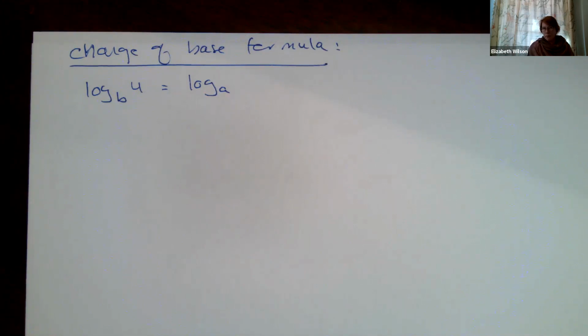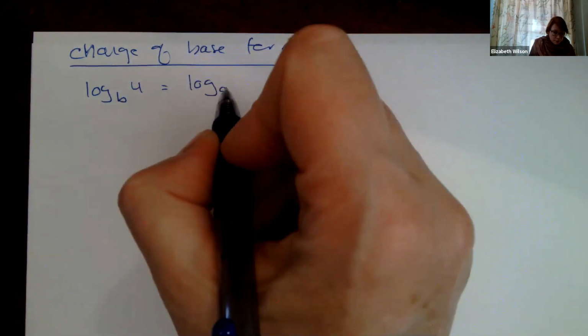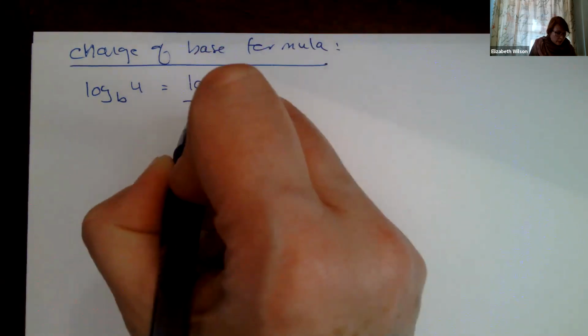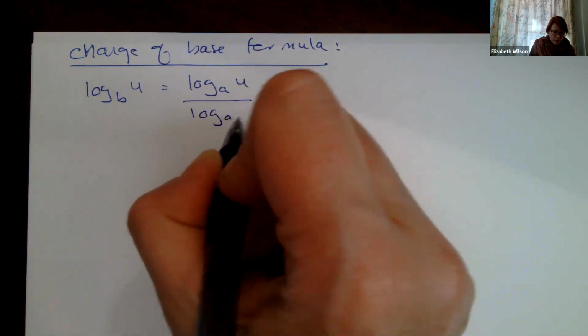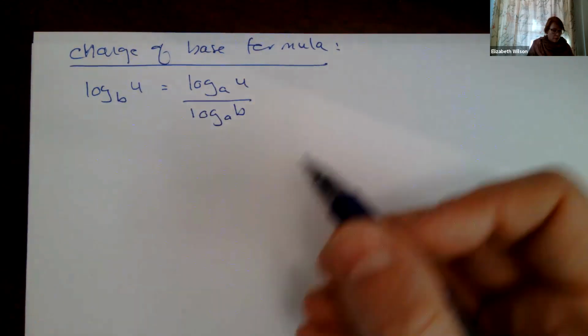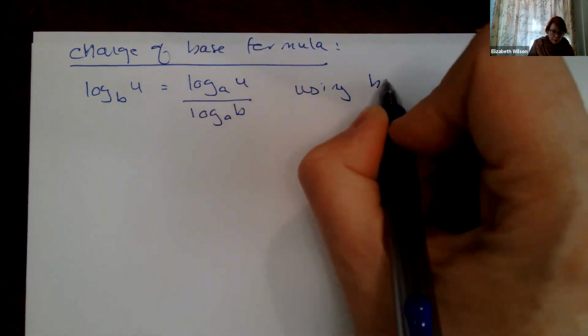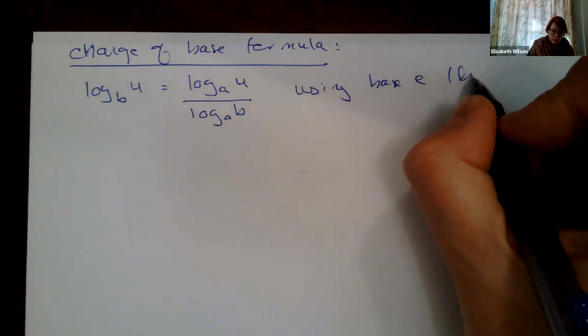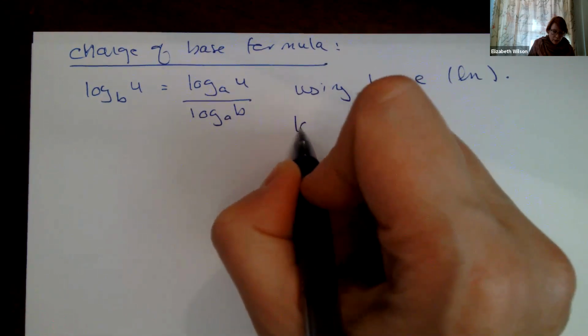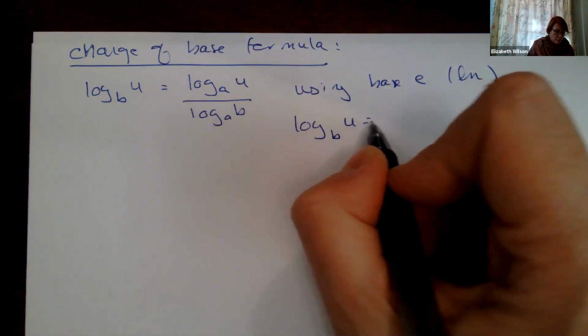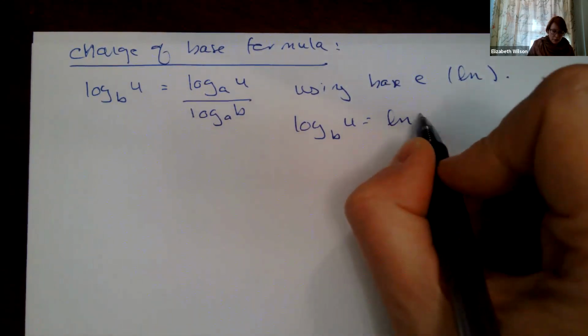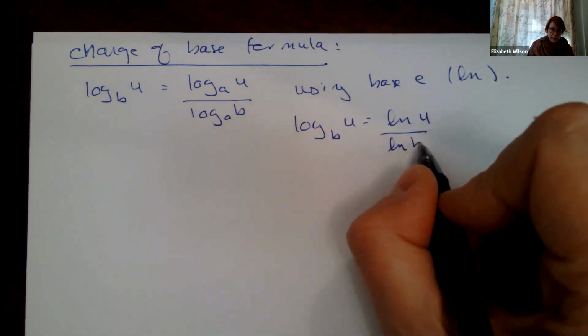Usually we go with base 10 or base e, natural log. Those are the most common ones. So for example, using base e, which is our natural log, we would say log base b of u equals the natural log of u all over the natural log of b.